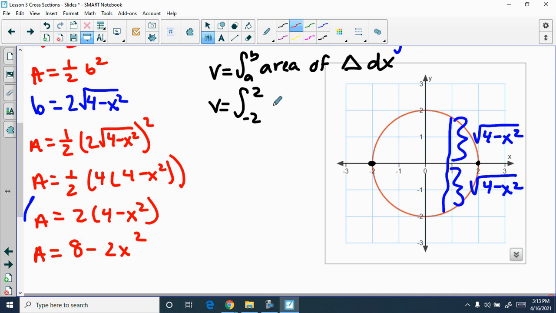And we're plugging in 8 minus 2x squared dx. And again, you're going to type this straight into your calculator. Remember Math 9 on your calculator to plug in your upper and lower limits. And I'm going to put my answer in fractional form. So I'm going to have 64 over 3.